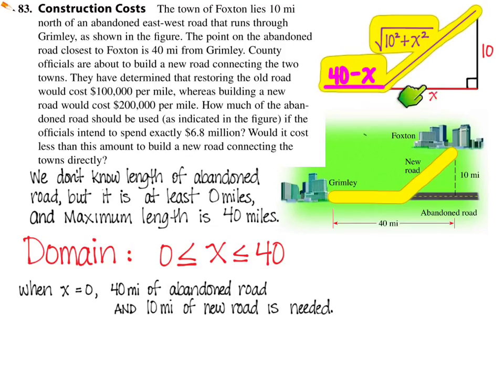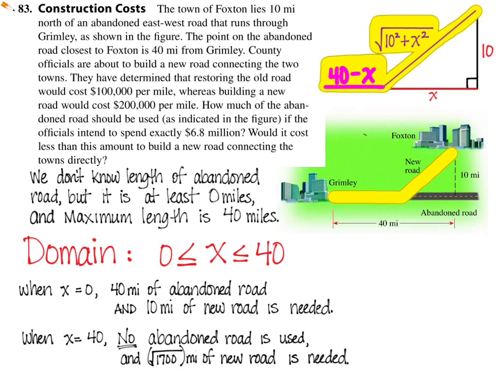When we don't take away anything from the abandoned road, if x was 0, we would use all of the abandoned road, and so we would have all of the abandoned road plus that 10 miles. What if our x was 40, meaning we didn't use any of the abandoned road?